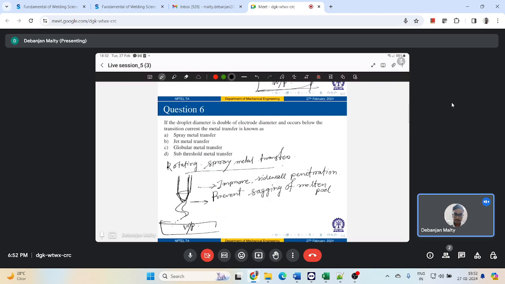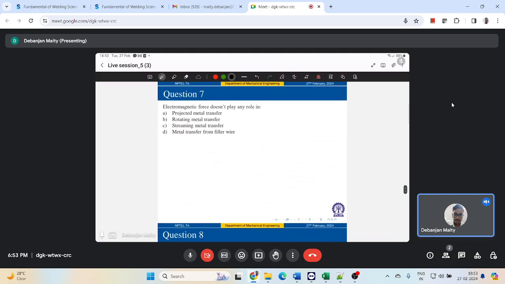So this is on spray metal transfer. You have this projected spray, then you have this rotating spray. Those are there, and then you have another kind of metal transfer which is called explosive metal transfer.